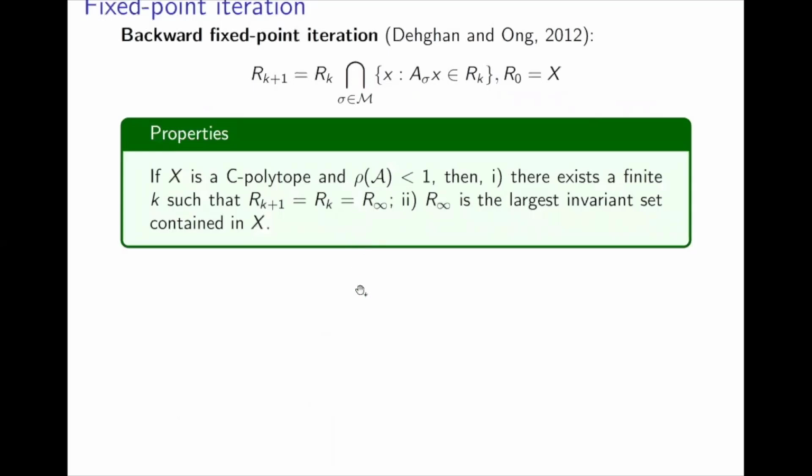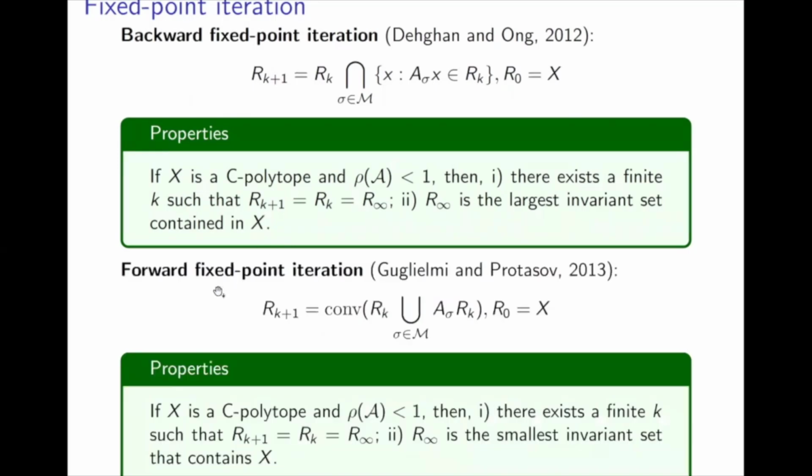There are basically two types of fixed point iteration here. The first one is called the backward fixed point iteration, which is the one step backward reachable set. With this, the iteration will converge to the largest invariant set contained in X in infinite time steps. The second one is called the forward fixed point iteration, which is the one step forward reachable set. This iteration also converges to the smallest invariant set that contains X in infinite time steps.